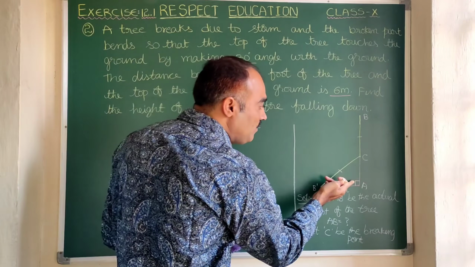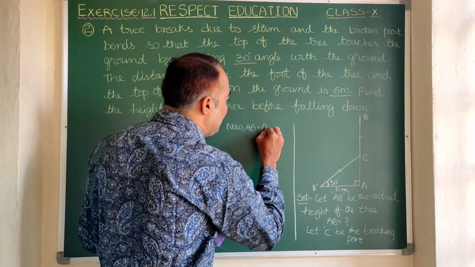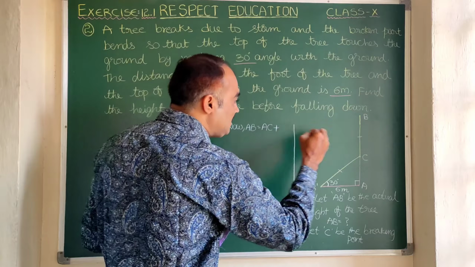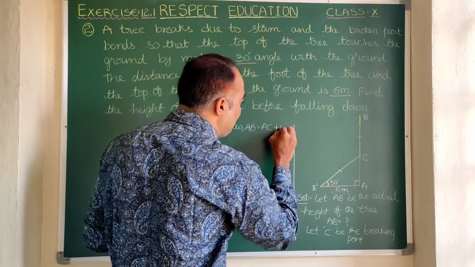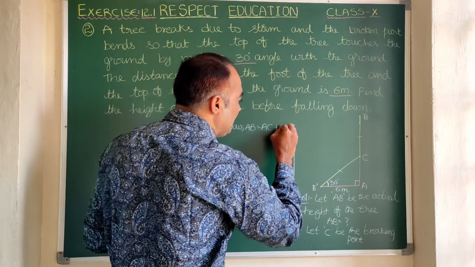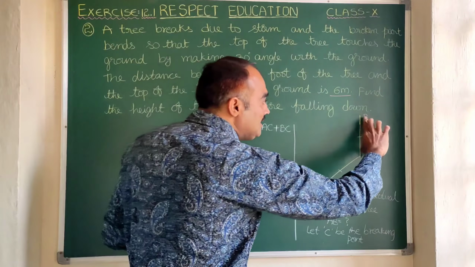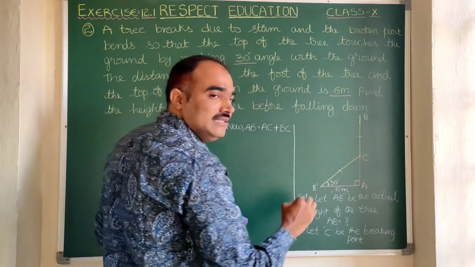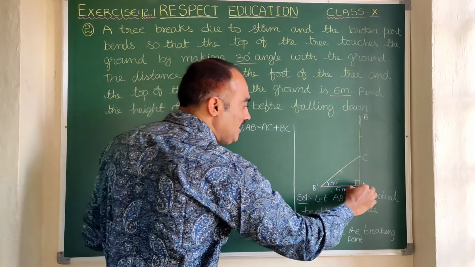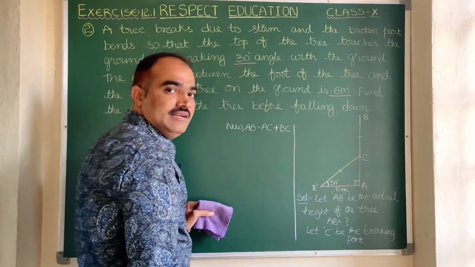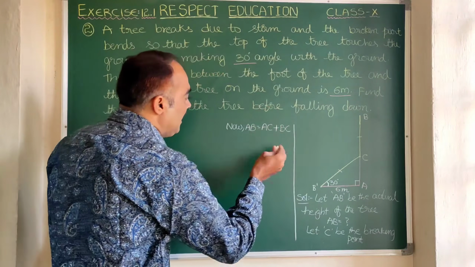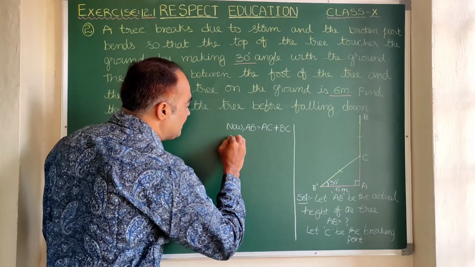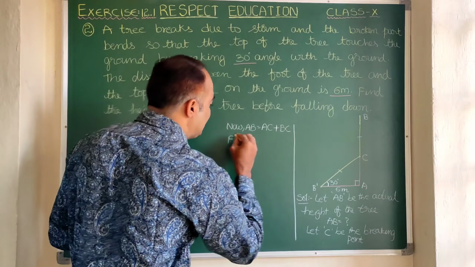Here we need to find first AC, plus then BC or CB. BC is nothing but B dash C. That means we need to find AC and B dash C. This is the main target.